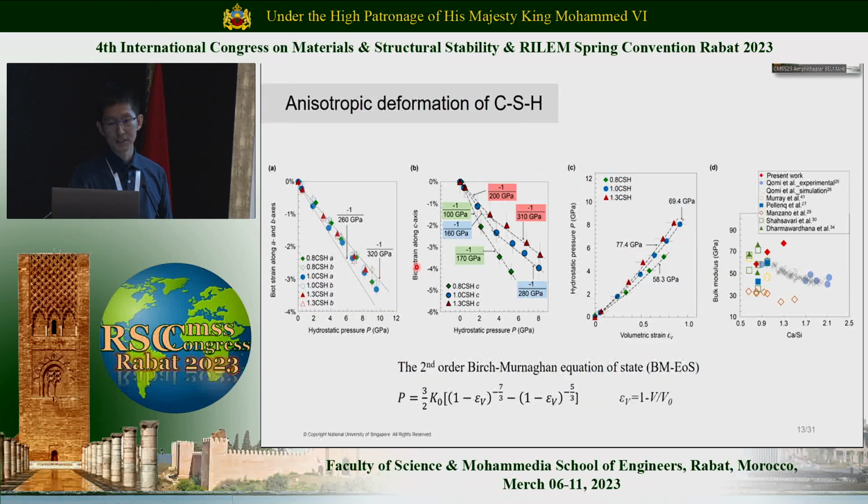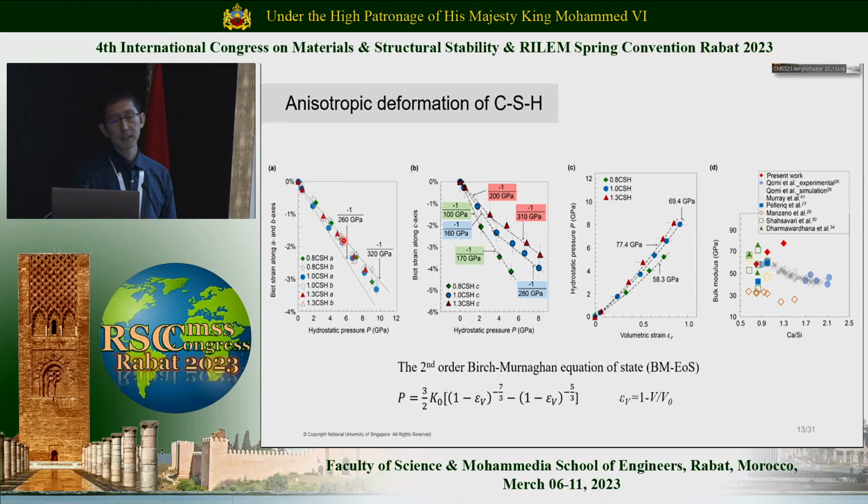So here are a few results that we have published. For example, for CSH, we have the A, B, and C lattice edge lengths. C is usually the length perpendicular to the layer, and A and B are within the plane. Here we study CSH with different calcium to silica ratio.